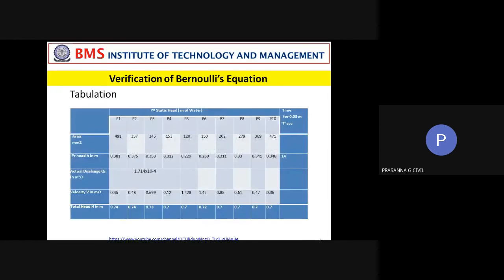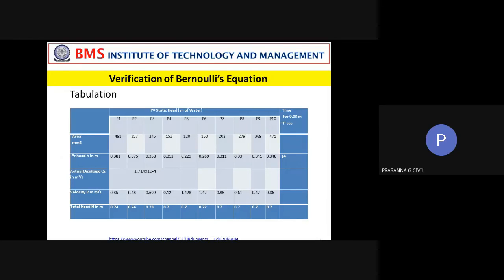In the tabulations, P1 to P10 indicate the 10 points where the piezometer is connected, and the piezometric head in terms of pressure head can be measured. The area of cross section given by the manufacturer for each of those points are recorded in millimeter square. The actual discharge is calculated.